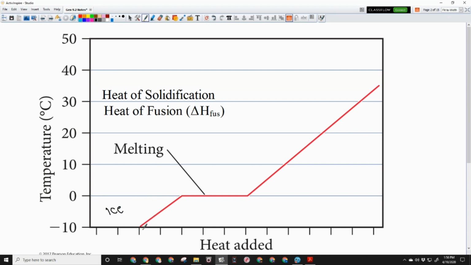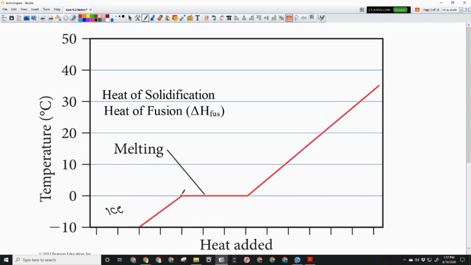So this section is where we have ice. As we add heat to ice, the temperature of the ice is going to increase. That's why we have this positive slope here. It's going to keep absorbing this heat energy until it reaches 0 degrees Celsius.